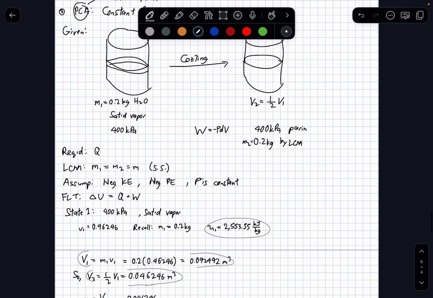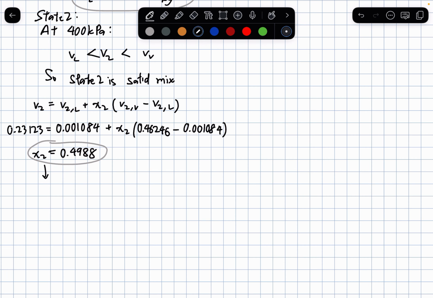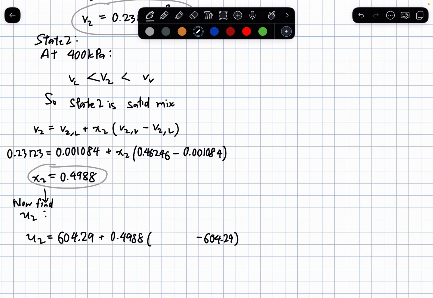Using that, yeah, we can find U sub 2. So U sub 2 is equal to, also at 400 kilopascal, liquid plus quality times vapor here, 2553.55.